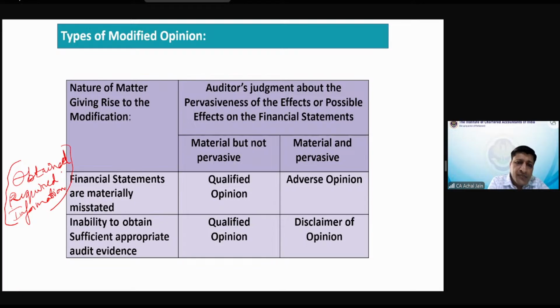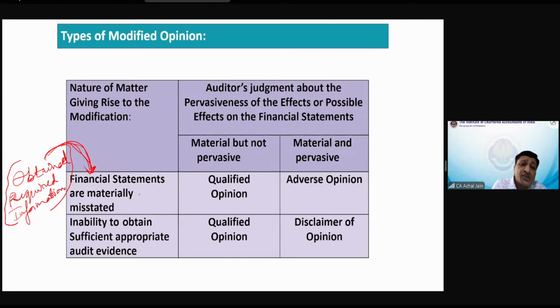Okay, so this is the first situation. So the first situation is wherein the auditor is saying that required information has been obtained by me and there is a material misstatement. Now, what's the conclusion? Required information is received and there is a material misstatement.